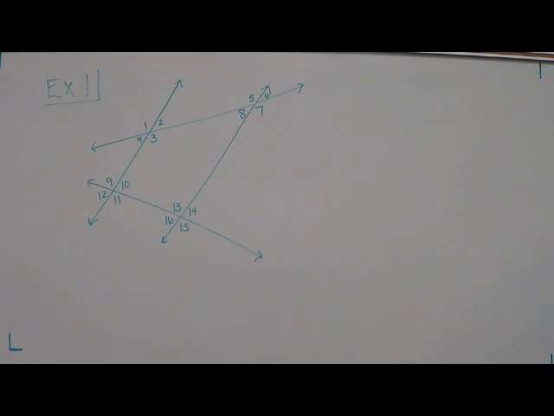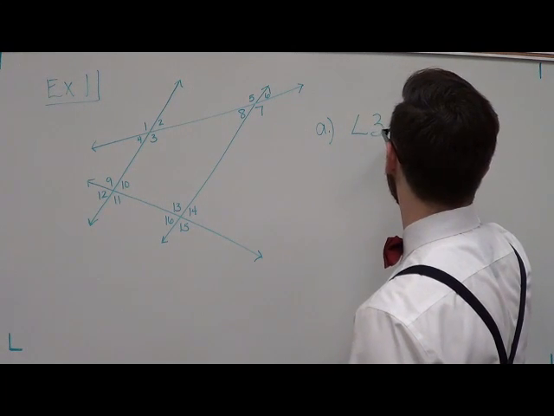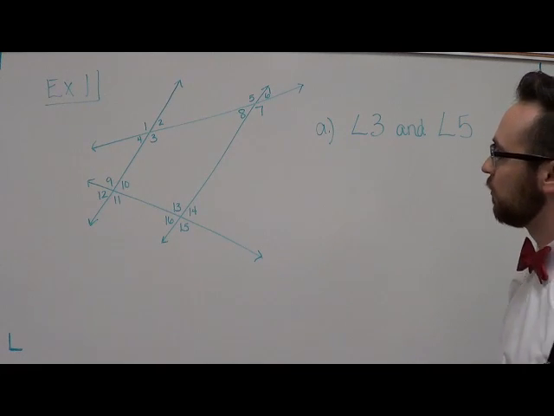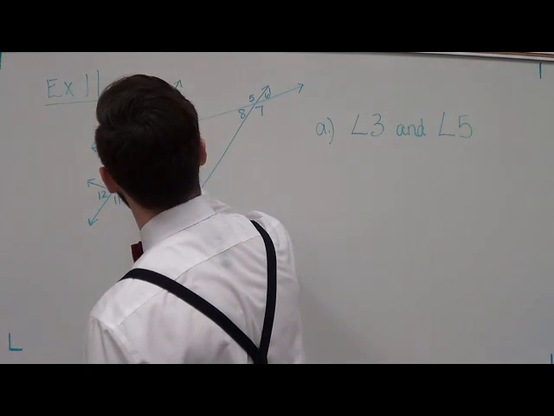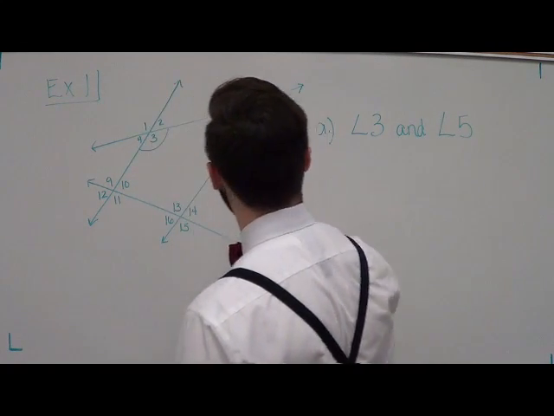So the first question that they have is to classify the relationship between angle 3 and angle 5. Well, if I mark these on my piece here, we have angle 3 and we have angle 5.